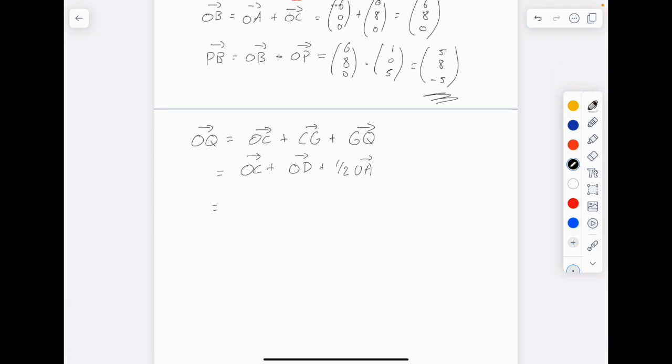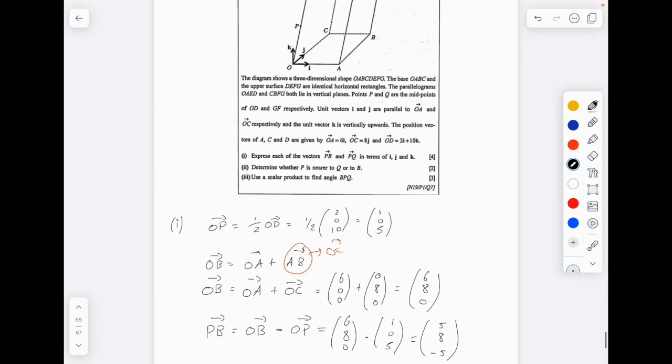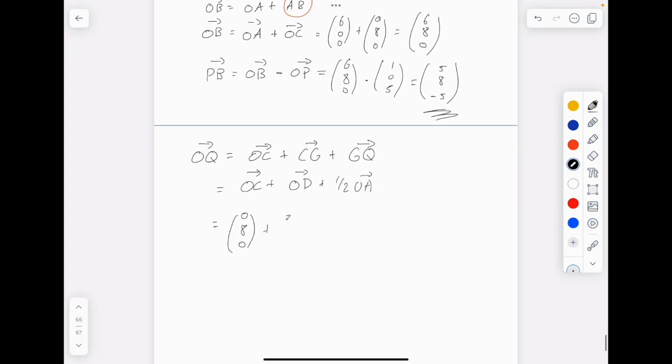Cool. So what does that give me? Well, OC is (0, 8, 0). Okay. And what's the next bit? OD, which is (2, 0, 10). Plus half OA. What's OA? Well, OA is (6, 0, 0). Right, so what we get is the following.